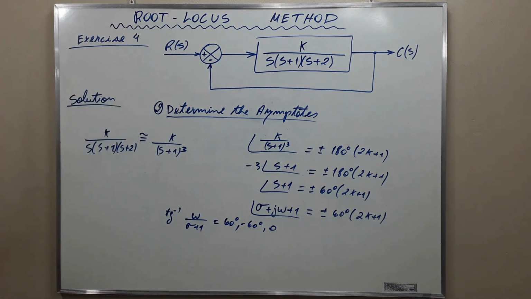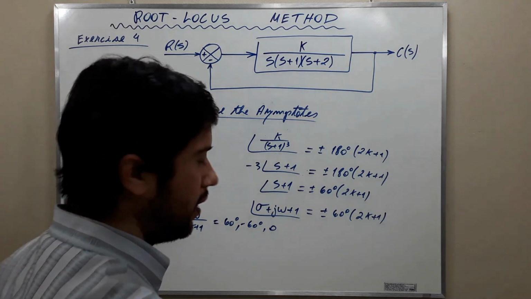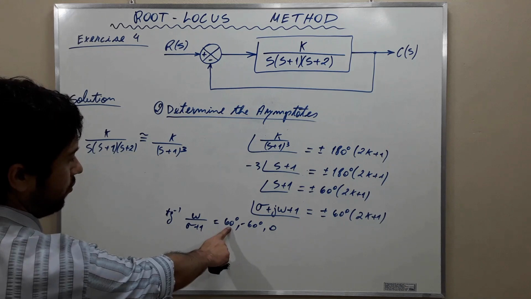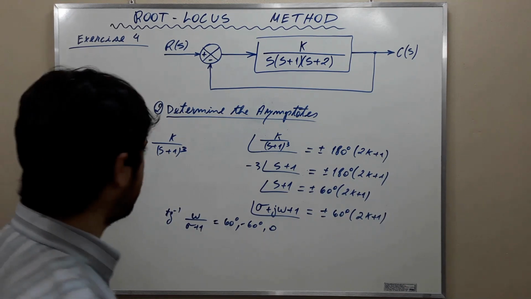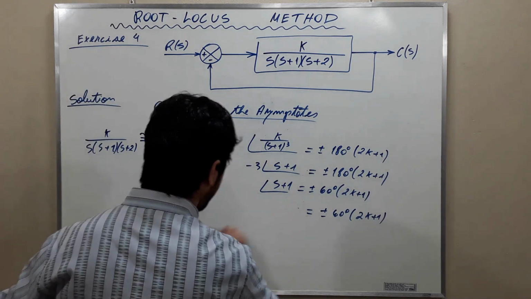And from this, we get three asymptotes. The first asymptote will be, I'm going to draw them here. The inverse tangent of this is 60 degrees, minus 60 degrees, and 0. I'm going to draw them here, the asymptotes, for you to see.